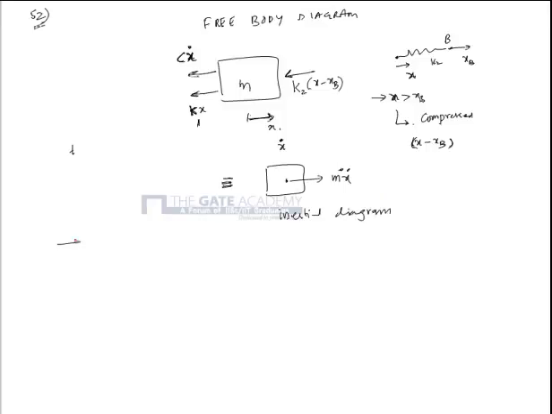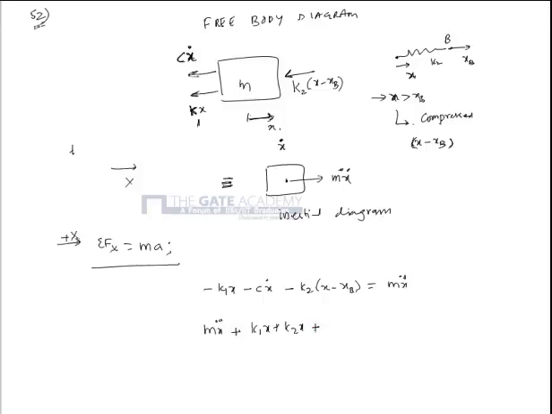Let me use the equation of motion where all the forces in x direction are represented, taking positive as shown. So minus K1x minus c x dot minus K2 into x minus xb is equal to m x double dot. Rearranging the terms, I get m x double dot plus K1x plus K2x plus c x dot, and K2xb I keep on the right side.